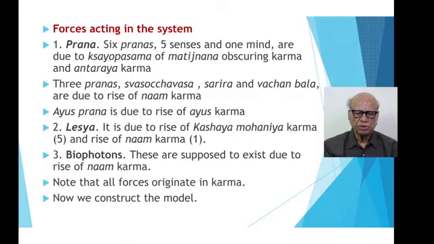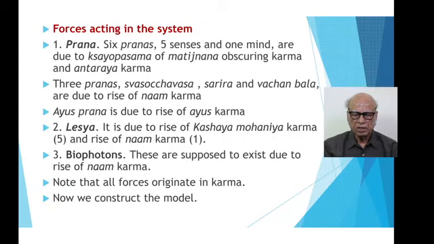So the forces of prana are acting in the body. Then the second one is leshya. You know, there are 6 leshyas, and these leshyas are also interacting with the endocrine gland system, particularly 2 glands, pituitary and hypothalamus, which are master glands located in the brain.